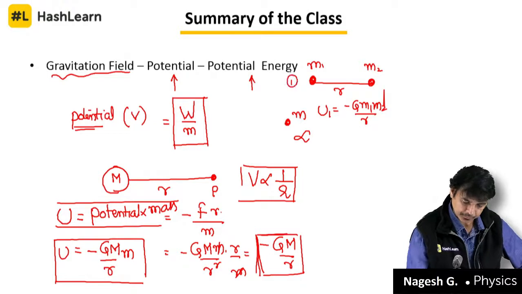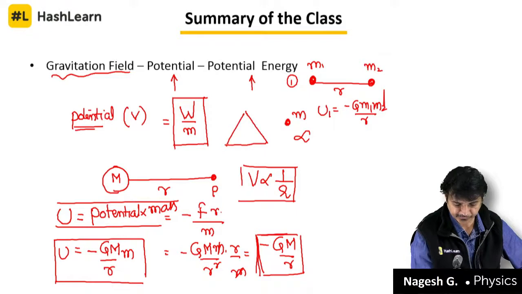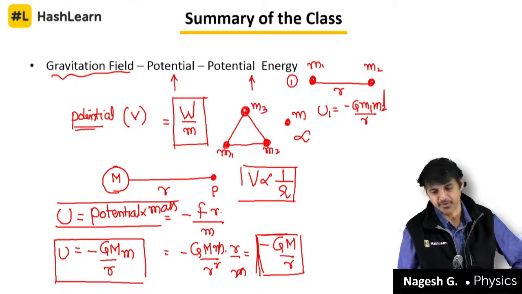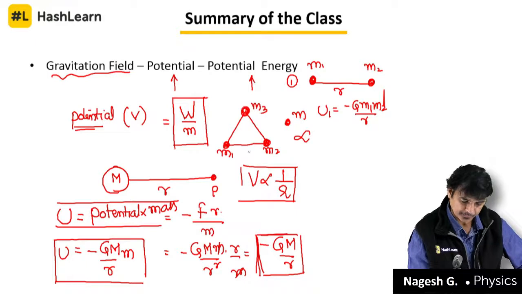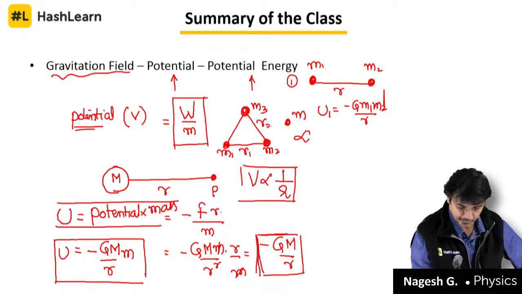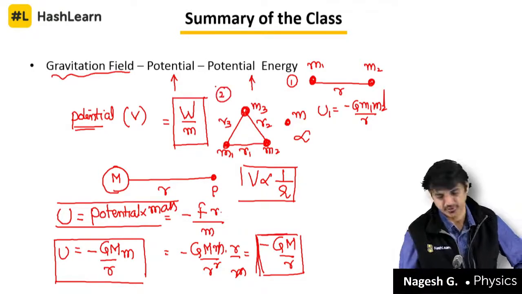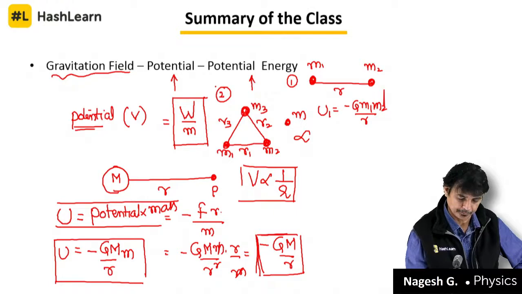When you take the 3-particle system in which the masses are assembled in the form of a triangular structure, these are the masses configured in the shape of a triangle. The distance between m1 and m2 is r1, m2 and m3 is r2, and m3 and m1 is r3. I want to know the potential energy of the system of 3 masses configured in the form of a triangle.